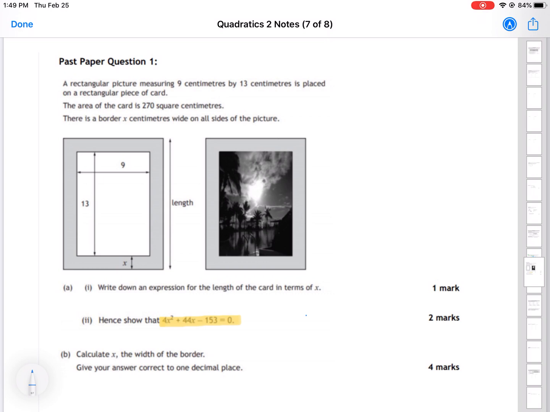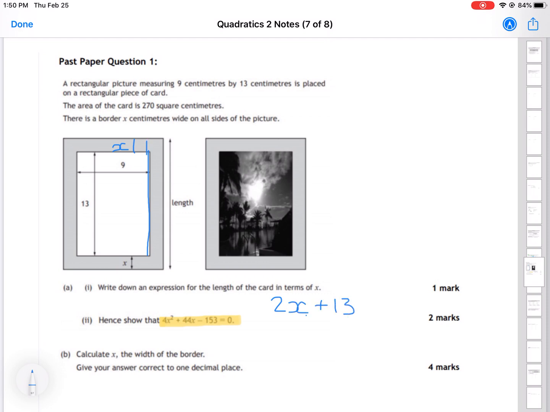Now the length is, as you can see, the height of the card. Since we know that from here to here is 13, and we know that both edges are x, they're both the same width, that means that the expression for the length has to be x plus 13 plus x, so two lots of x's and 13.